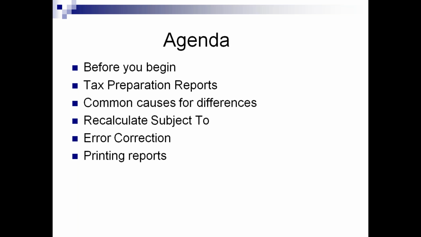If you run into any problems with those reports, meaning there's differences between the Sage reports and maybe the Atrix forms, we're going to talk about what could cause those differences and then how to correct them. We'll take a look at the Recalculate Subject 2 task that you can run to rebuild some of those fields. We'll talk about some error correction. And then at the end, we're going to actually jump into Atrix and look at a couple of forms before the end of the class.